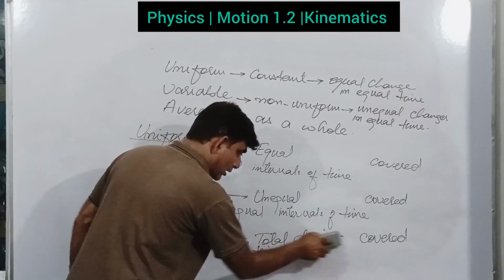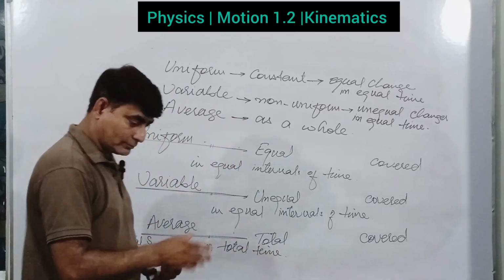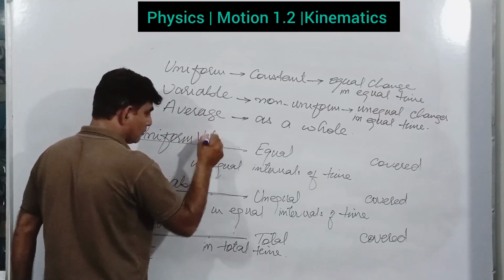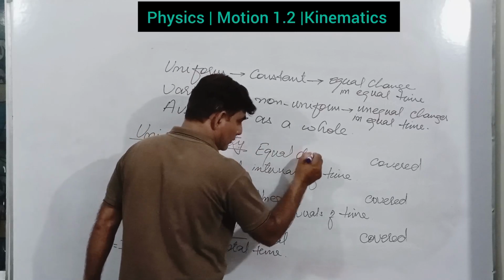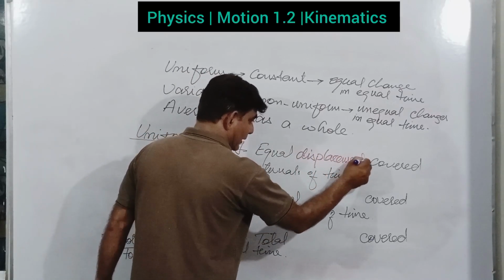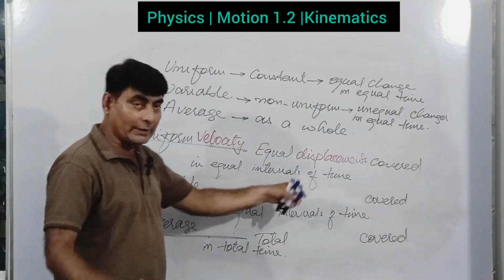Now listen what I'm doing. Uniform velocity: equal displacement covered in equal interval of time.